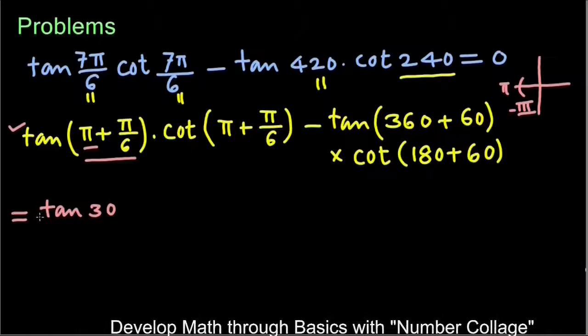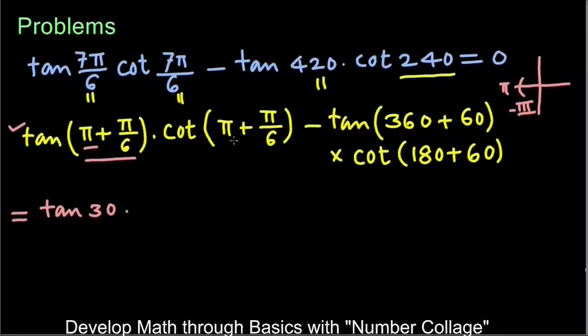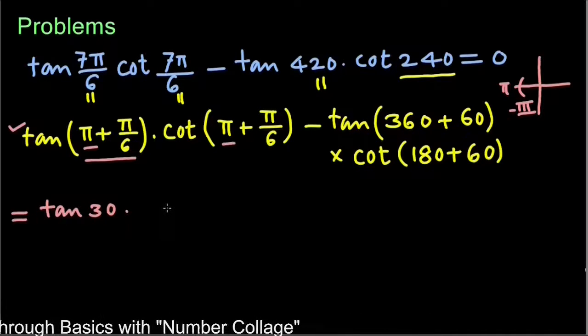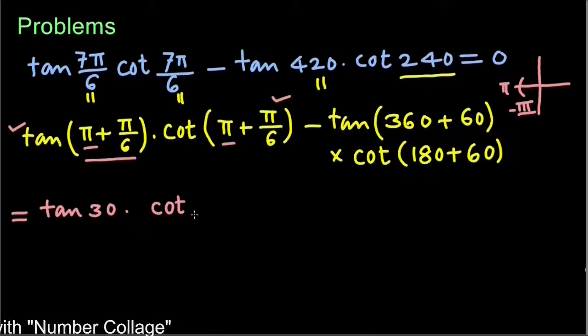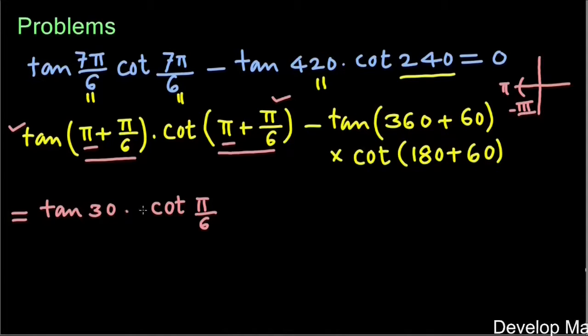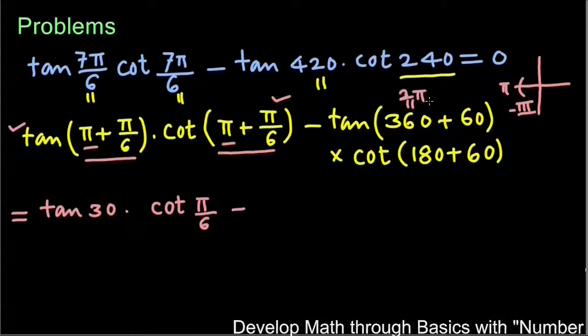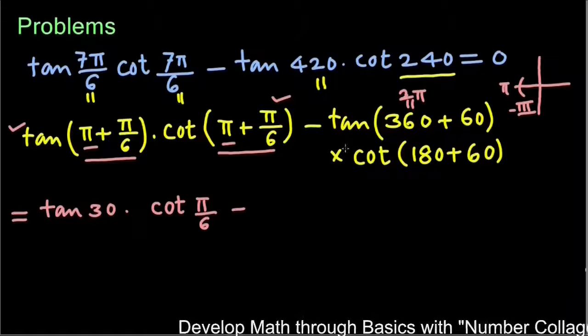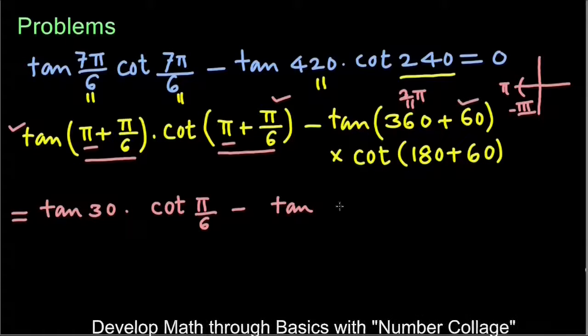So this will be plus tan 30 into, because of this pi, cot of pi by 6. But since pi plus pi by 6 lies in the third quadrant, it will be positive. Minus, 360 is 2 pi, and because of this 2 pi, this will be tan of 60.